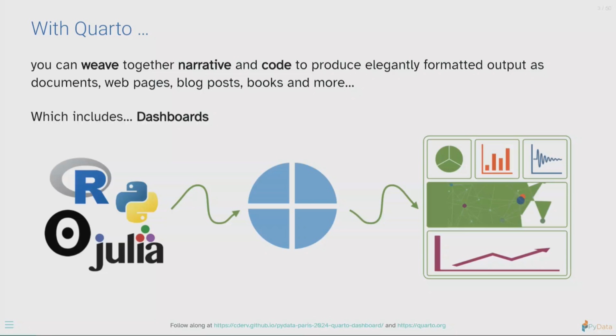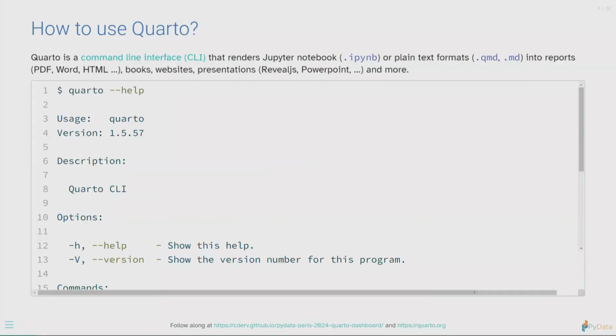And this includes dashboards. And a dashboard has a specific format really meant for being visually efficient to get the information. And so you can work with your data, with your computation, get your metrics, and then have a dashboard ready in a single step, which is a rendering.